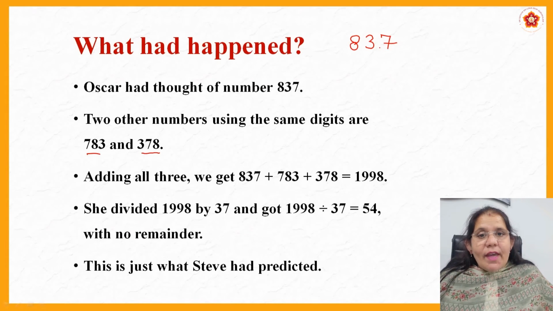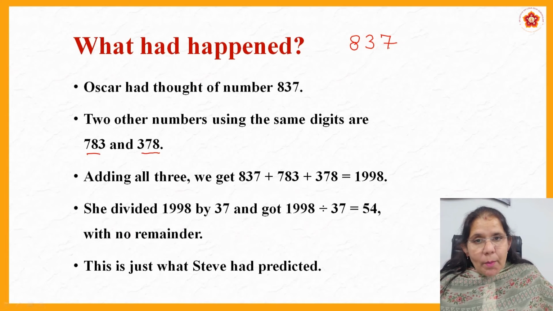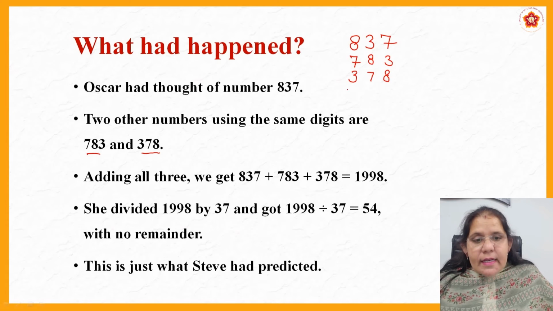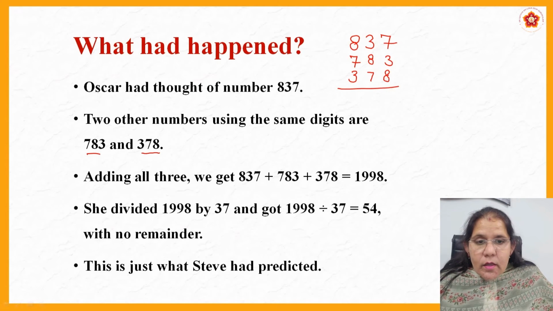837. When we have to form the other 2 numbers, take the last one, that is 7 has to come here and 8 and 3 will be written as it is. Then 3 will come in front and 7 and 8 will be written as it is. So in each row, we have got 3 digits, 8, 3 and 7.